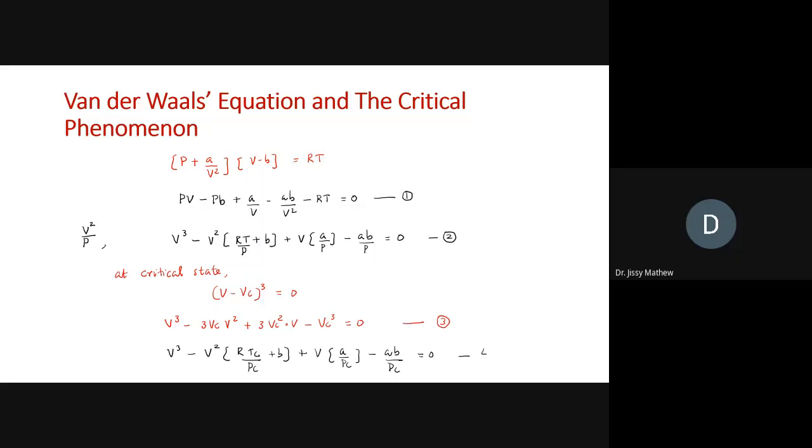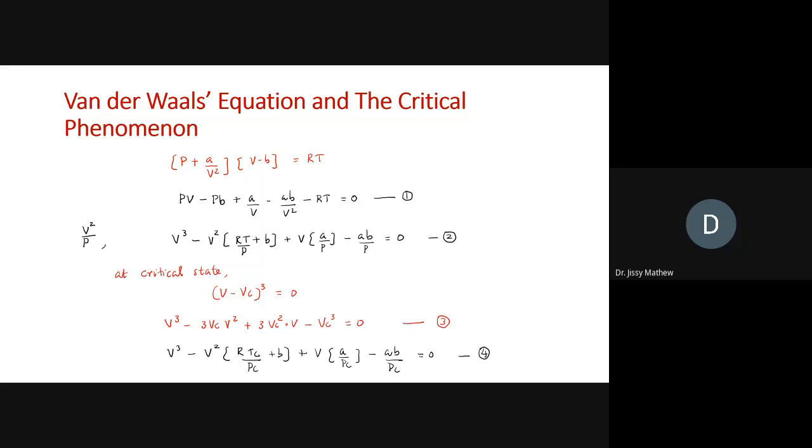Let this be equation 4. This means equations 2 and 4 are identical.